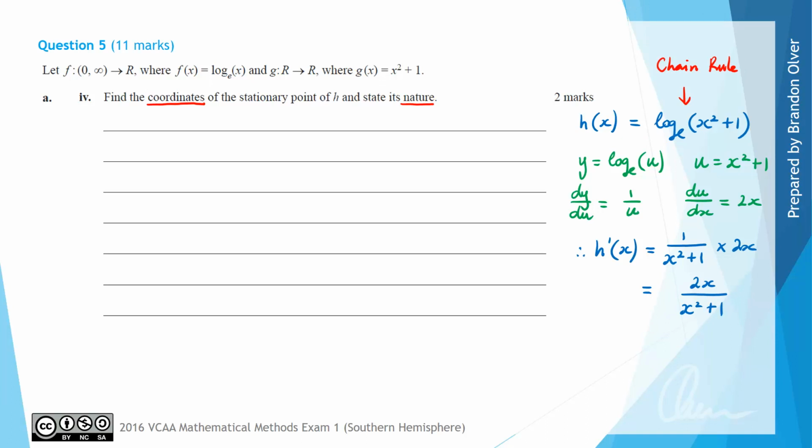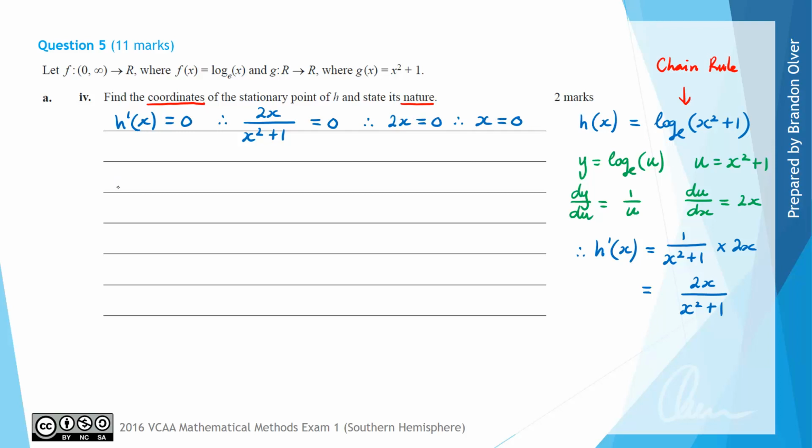Next we need to find the stationary point. To do that, we solve h dashed of x equals 0. So we're solving 2x divided by x squared plus 1 equals 0. When we have a fraction equal to 0, just the numerator can equal 0. So we have 2x equals 0, which means x equals 0 is the value of x where the stationary point exists.